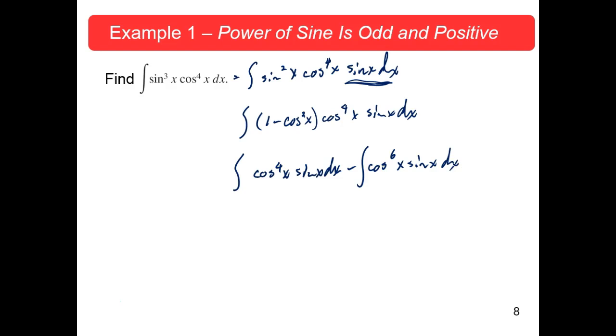Now there's a reason I'm doing it this way. Hopefully you may be beginning to see what that reason is. See what I did? I multiplied this times this, got cosine fourth, and then this times this is minus cosine sixth times that, right?